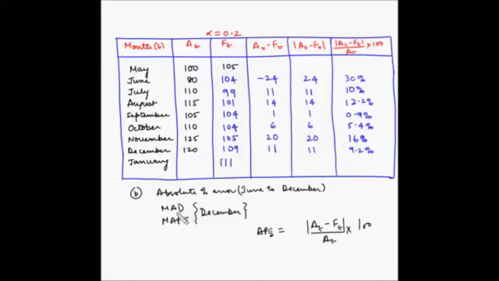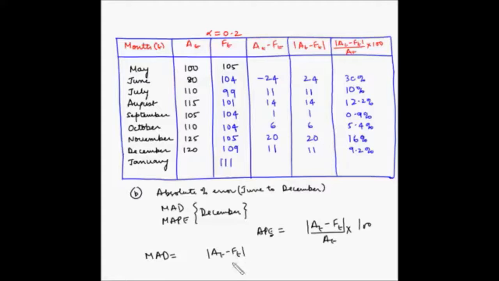Next we have to find out the mean absolute deviation. So let's see, what is mean absolute deviation? Mean absolute deviation is AT minus FT, which is the error, and the absolute value of this.